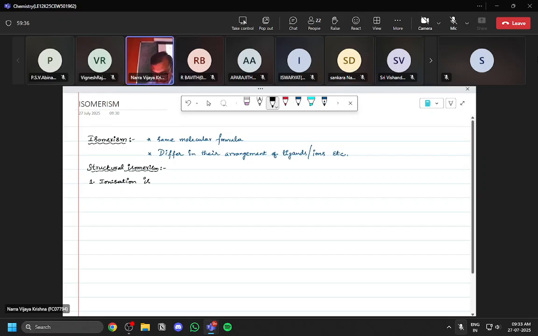Ionization isomerism. Here, see how much rowdyism is there in Madurai. We are paying rent, but we need to follow the rules of the security guard. He will come to the office at 9 o'clock, and till then the shutter will not be open. Our classes are from 8:30. That is the building security guard, not the Akash security guard.